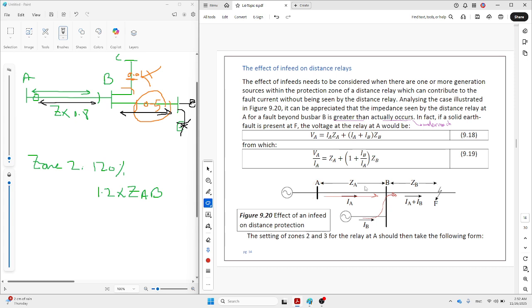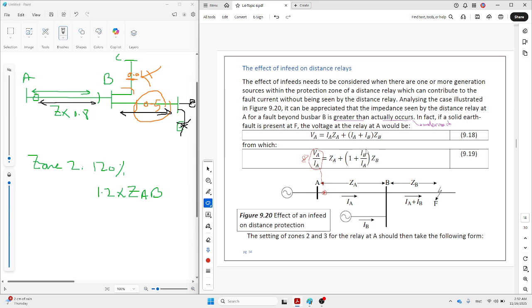On the other hand, since our relay is set at this point, we are still having the Z coming from this point. So if you divide all of this by IA, it becomes VA over IA equals ZA plus (1 plus IB over IA) ZB.